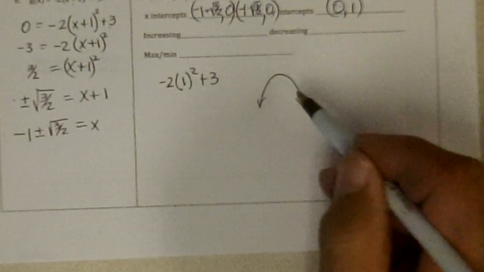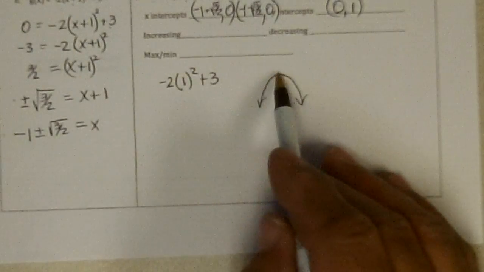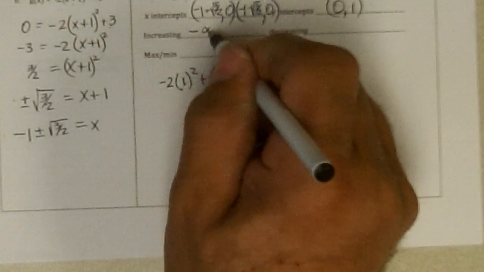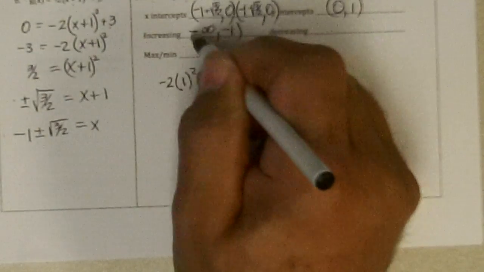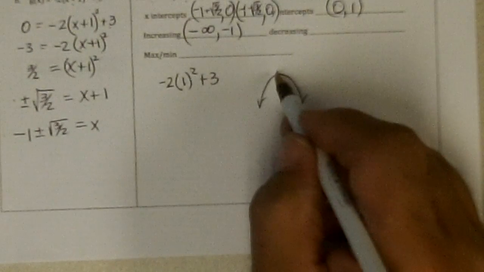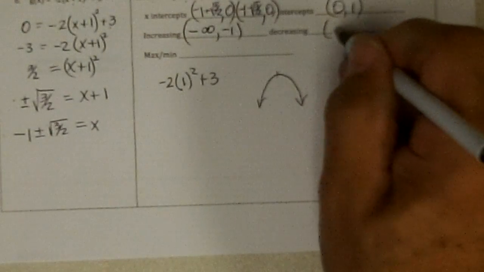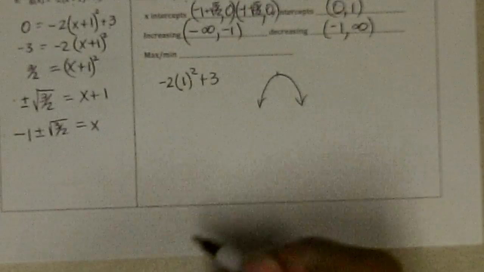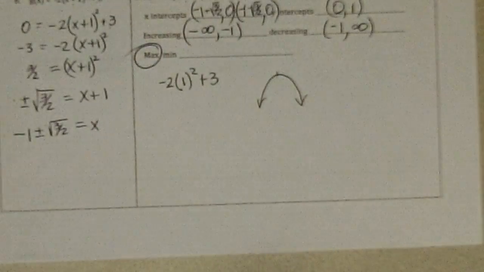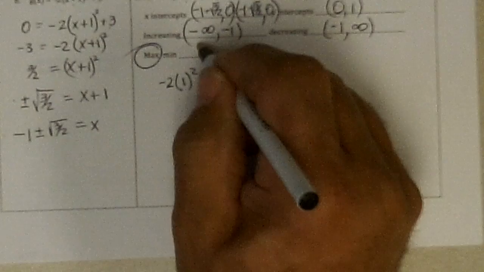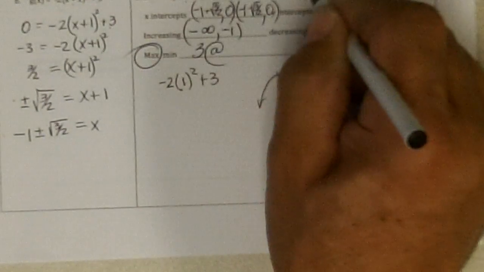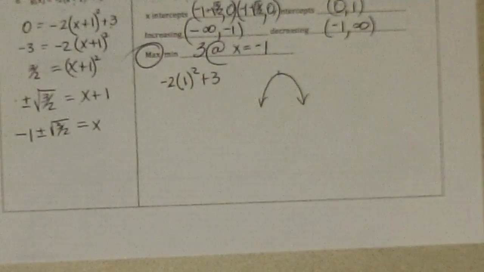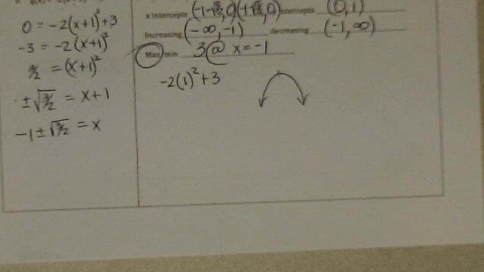And so it'll be increasing from negative infinity up to the vertex, which is at negative 1. And it will be decreasing from the vertex on, from negative 1 to infinity. And so it has a maximum of 3 at x equals negative 1. Okay, and that's the first page.